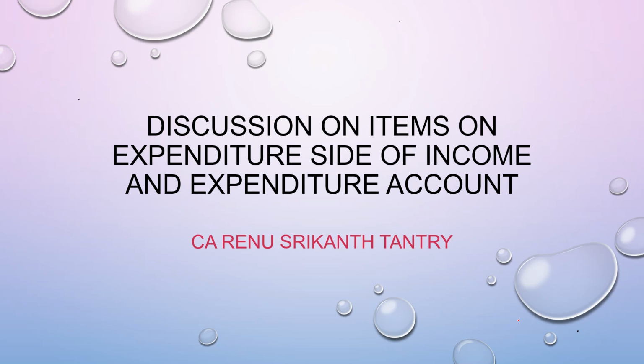Today's session, we will be learning in detail about the items that appear on the expenditure side of the income and expenditure account of a not-for-profit organization. Now, as we know, income and expenditure account is a nominal account.